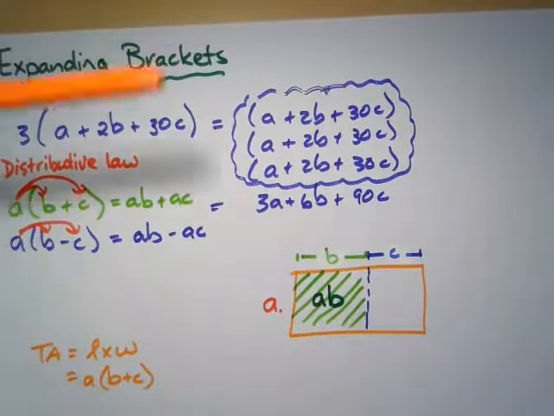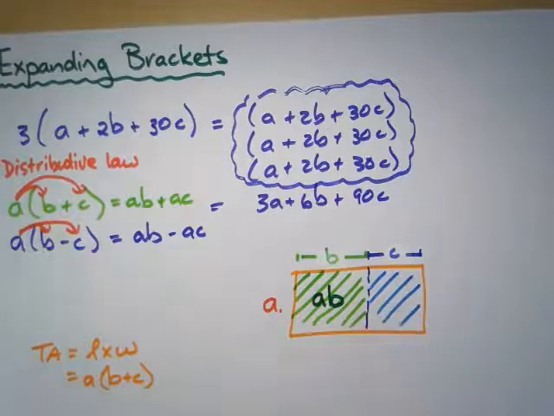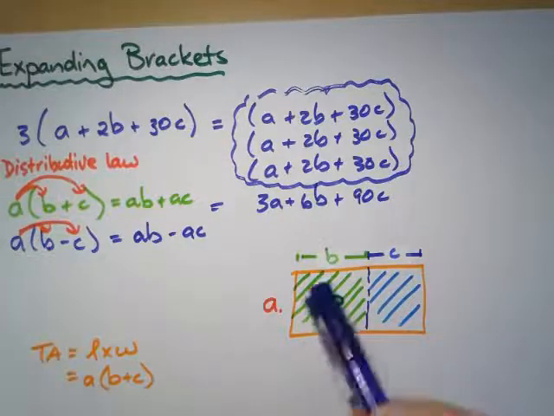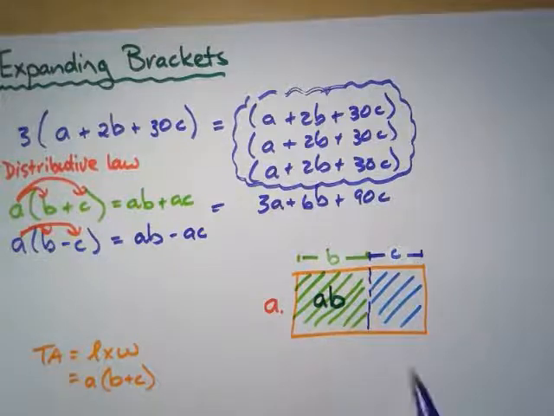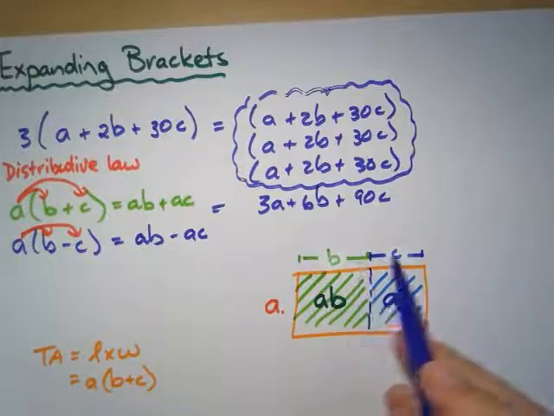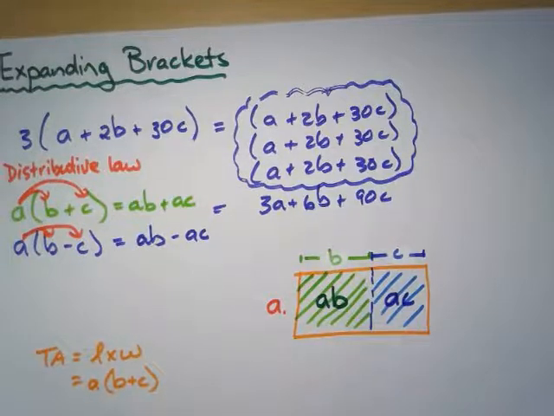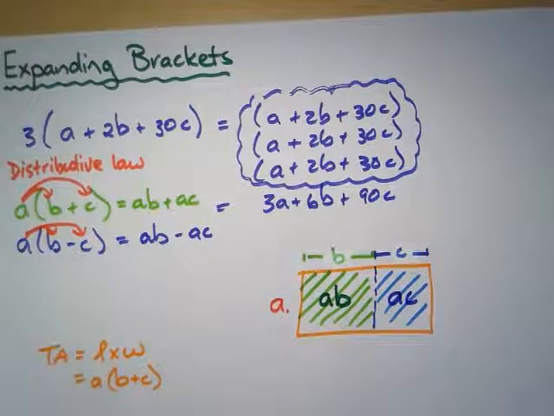We also have this area, and that area is A times C, which is AC. Which means that the total area is AB plus AC.